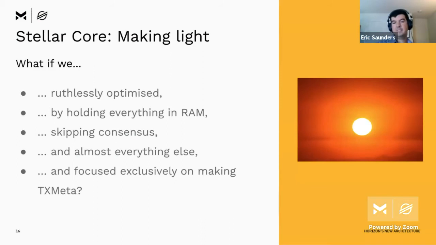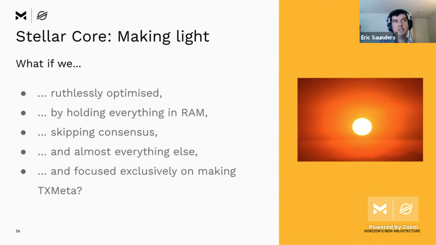So we started as a thought experiment with Stellar Core. What if we had a Stellar Core that only did one thing? Right now, Stellar Core does a lot of things. It produces this TX Meta for Horizon, sure, but its main job is to apply the blockchain, participate in consensus, stay robust, all that stuff, do SCP.